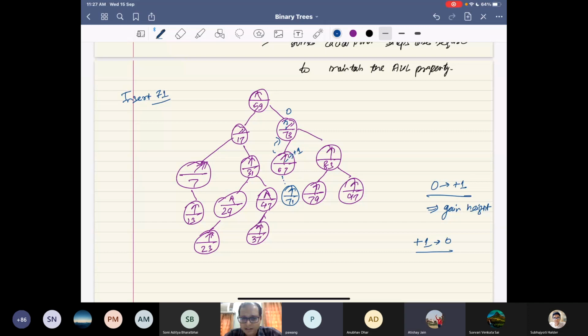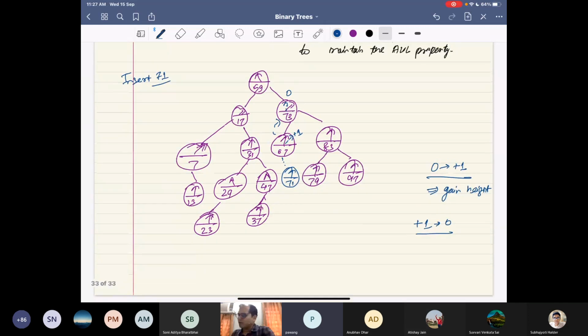So plus 1 to 0 means I'm doing insertion, something has gained height. Plus 1 means earlier my right subtree was longer than the left subtree. Now the left subtree has gained height, but the overall height of the subtree rooted at that node remains the same.